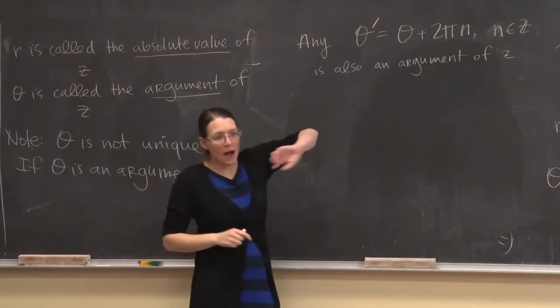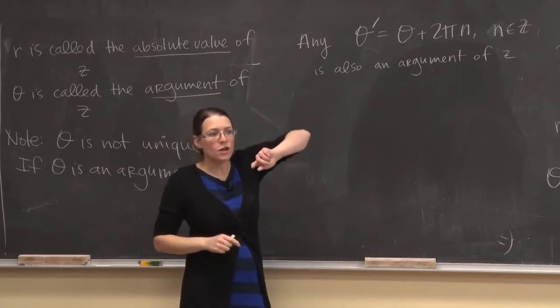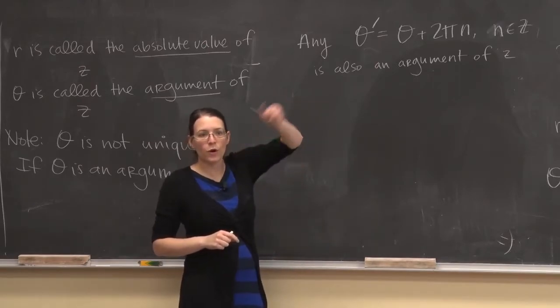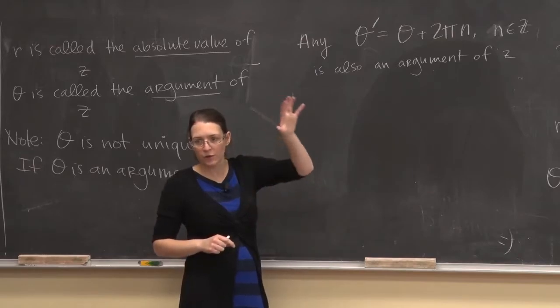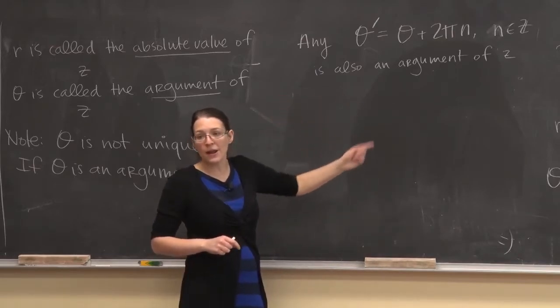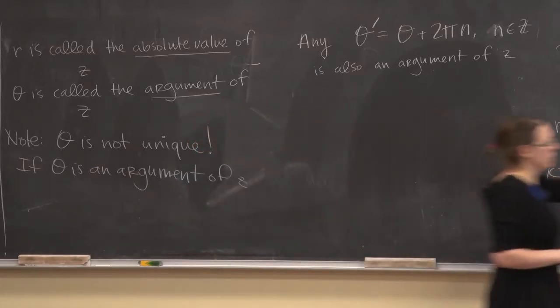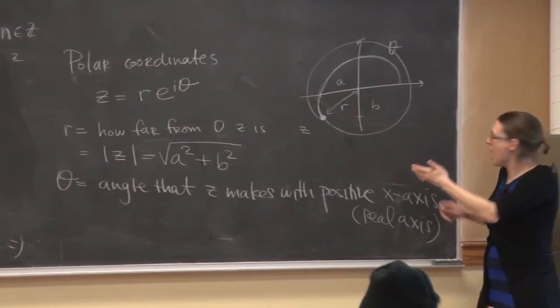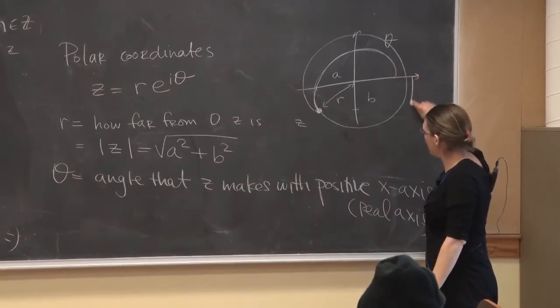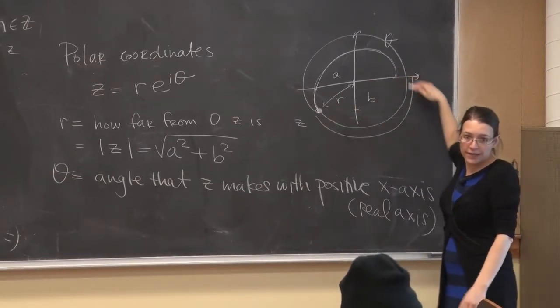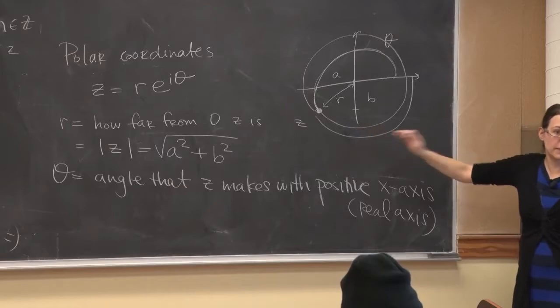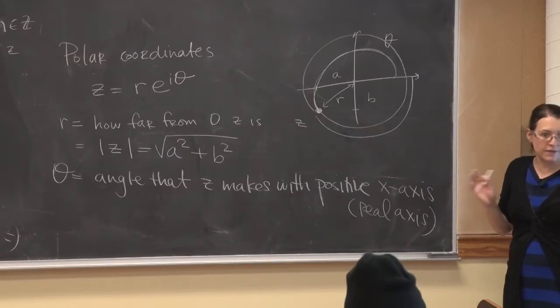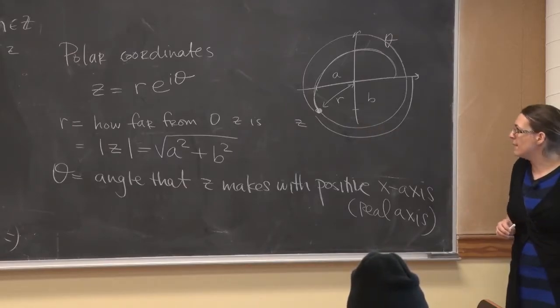So 2 pi is going a whole circle, so I can go a whole circle forward, 2 circles forward, 3 circles forward, etc., but I could also go backwards. So here I went that way and did an extra circle, so that would add 2 pi, but I could also have started here and gone backwards and gotten a negative argument, which would have been theta minus 2 pi, related by that equation.